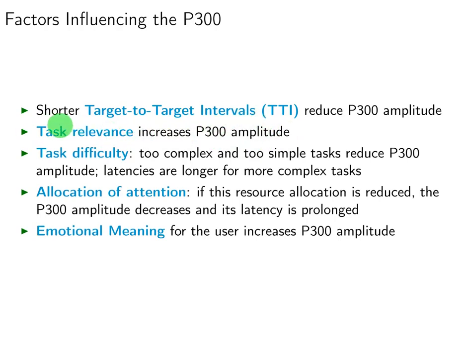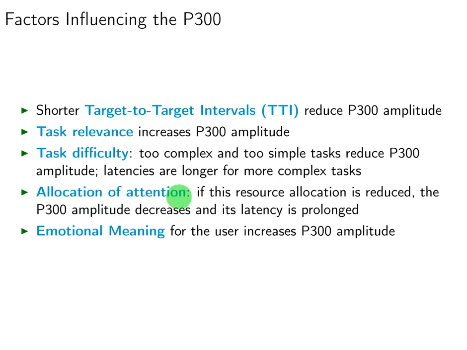So task relevance of the experiment or task relevance of the stimuli, or task difficulty of the experiment can also reduce amplitudes. Okay, too complex or too simple tasks reduce P300 amplitude, or latencies are longer for more complex tasks.